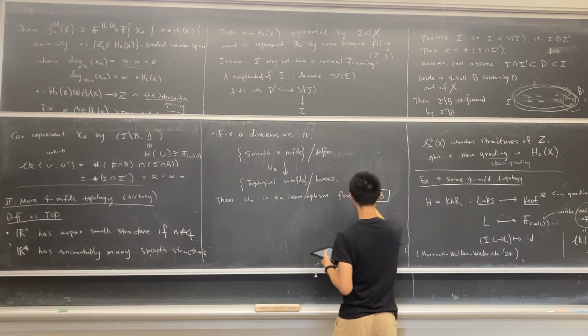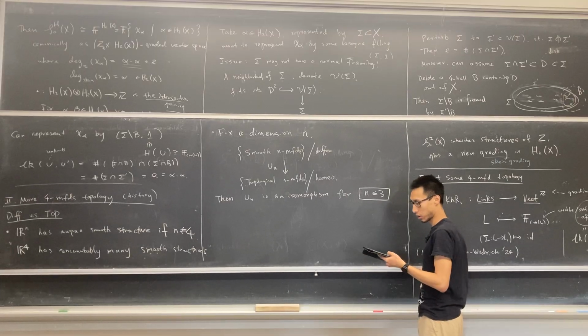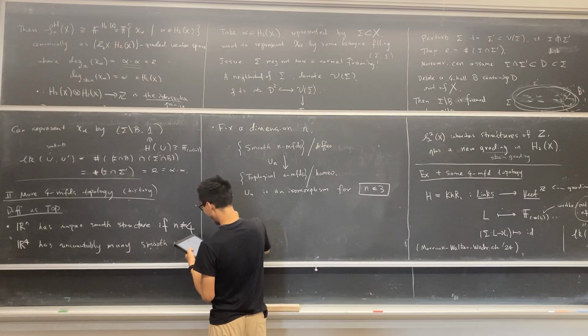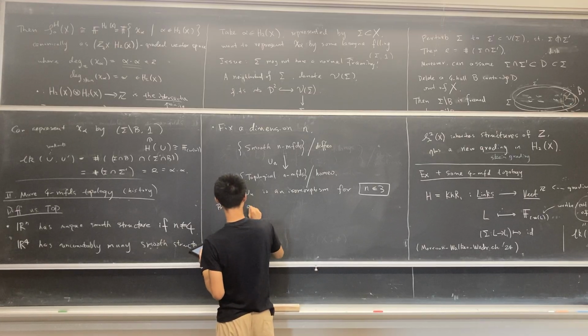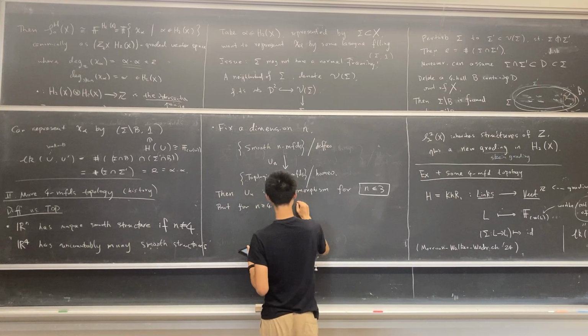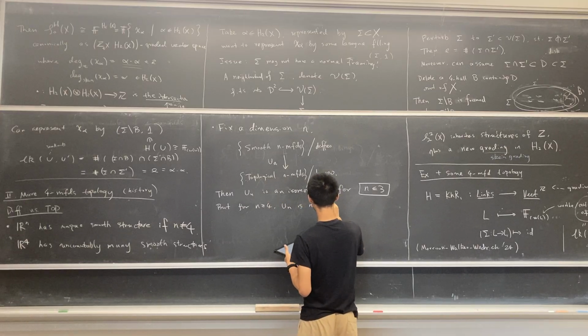As dimension is small enough, you don't see any discrepancy between those two different categories. But in general, for n greater than or equal to 4, U_n is neither injective nor surjective.